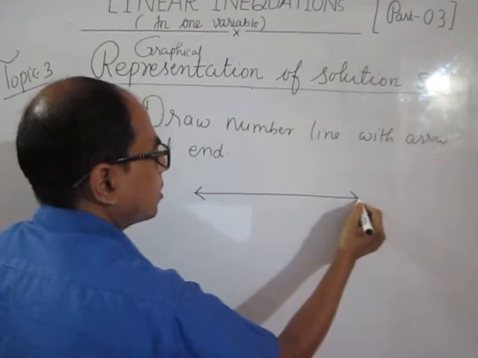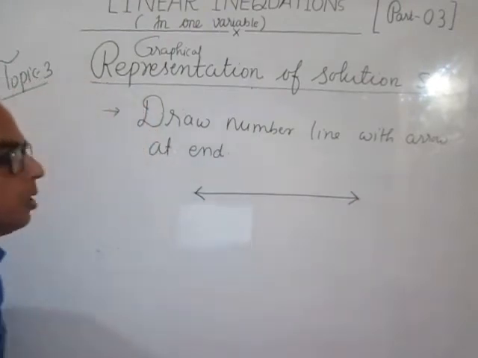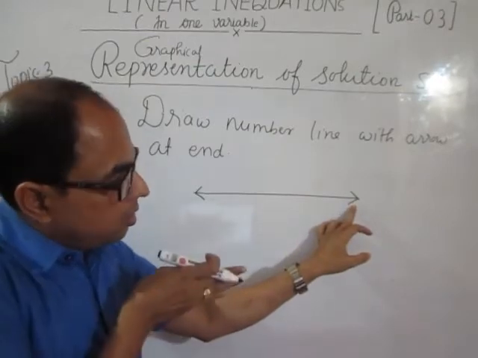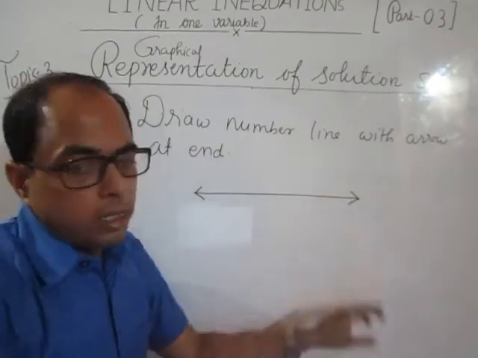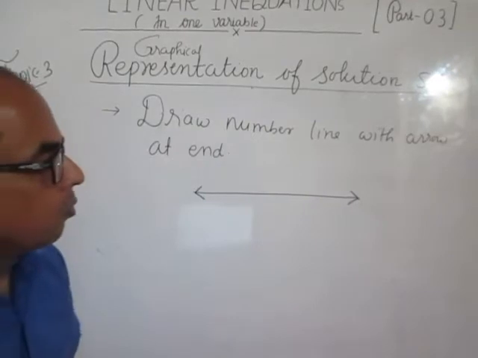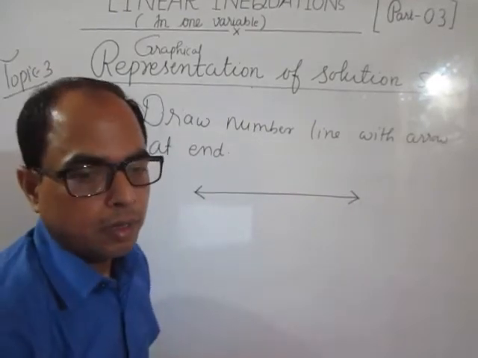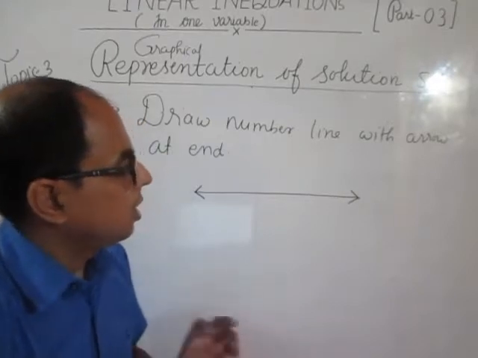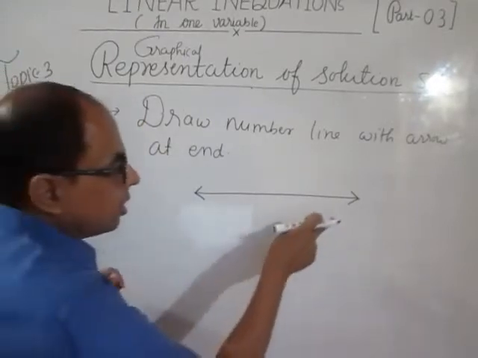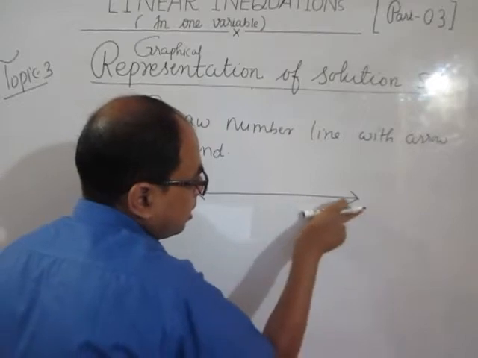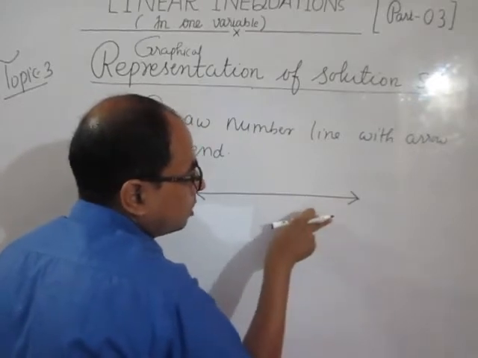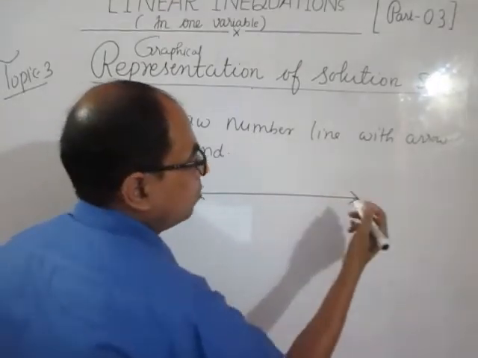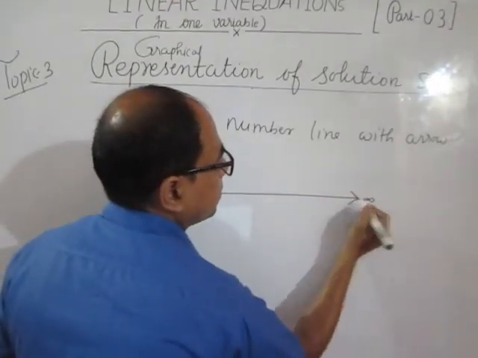These arrows are compulsory to put here, because this signifies that we cannot tell the greatest real number. Which real number is the largest real number, that we cannot tell. So this arrow indicates that this side the real number approaches towards a very big real number, and for that we use a symbol plus infinity.